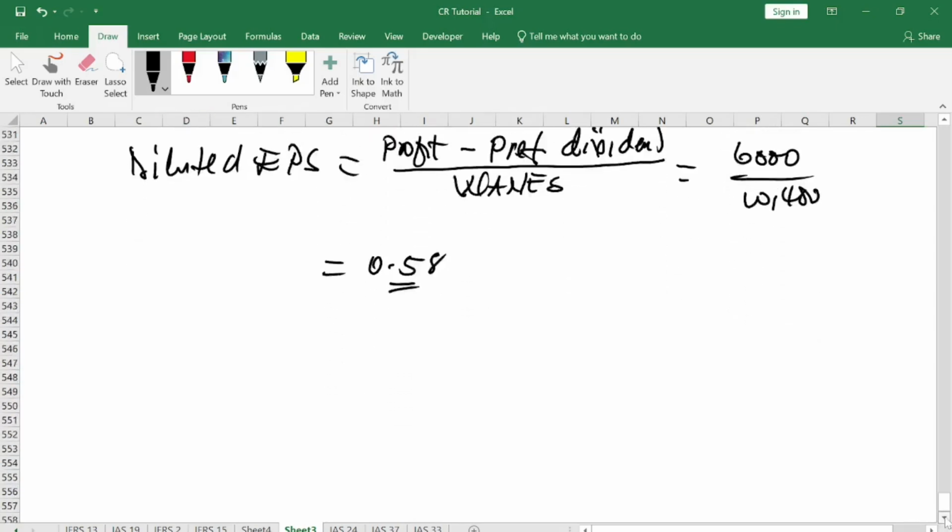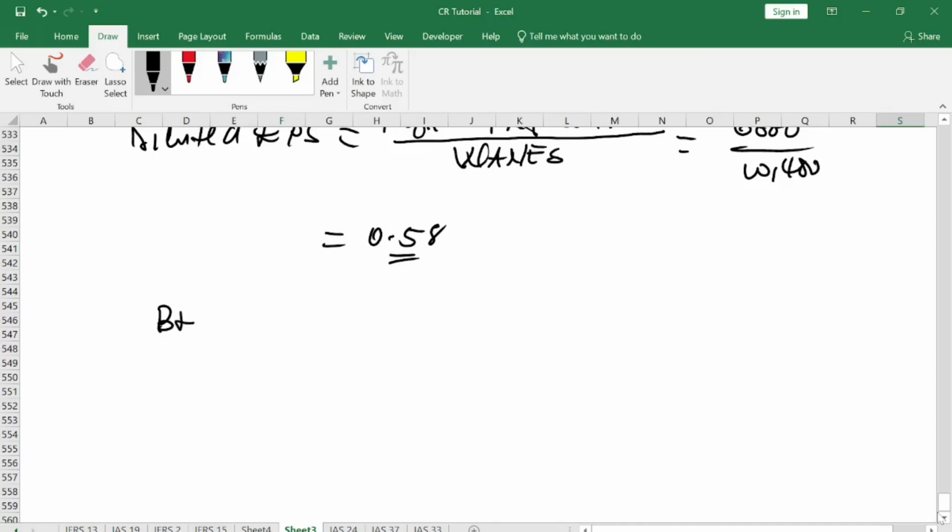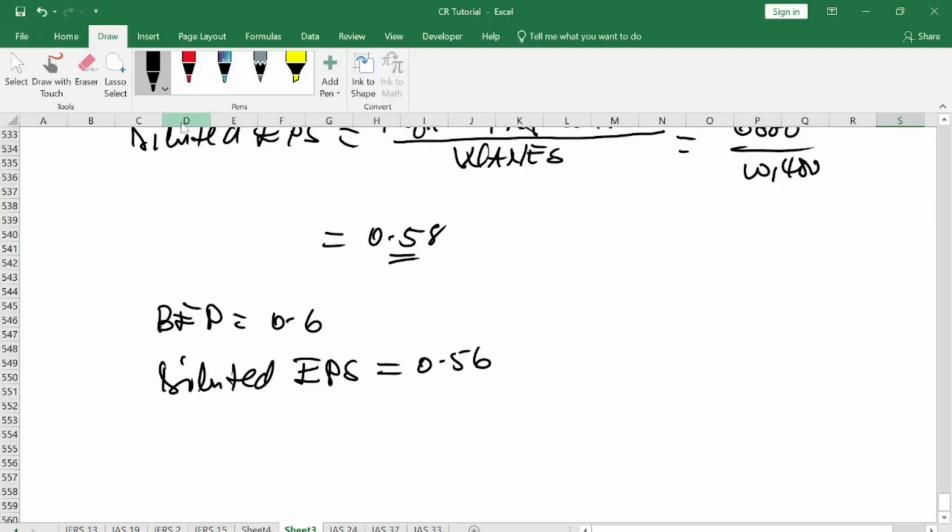Since your basic earnings per share is 0.6 and your diluted earnings per share is 0.58, it means it is dilutive, right?